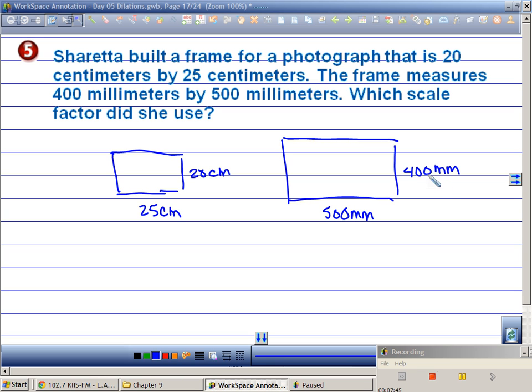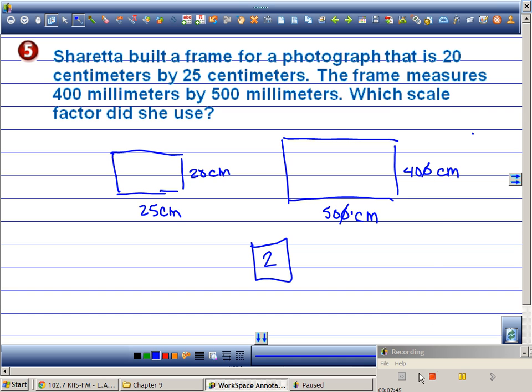Divide by 10. When I divide by 10, don't I just drop zeros? Exactly. So wouldn't that change this to centimeters? It would be 40 centimeters and 50 centimeters. Compare the sides. What's the scale factor? How much bigger is this than this? Times 2. Okay, that's it.